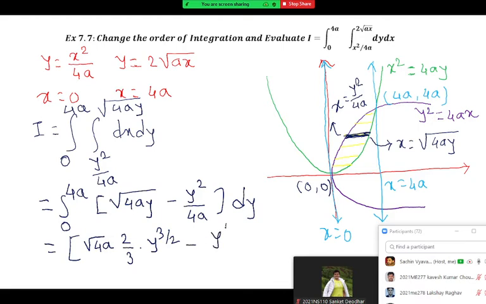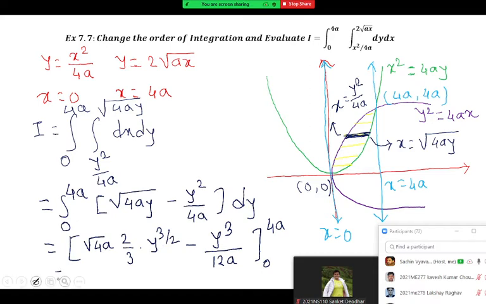Minus, just put the upper limit and lower limit, simplify, and you get the required answer. So actually it is 4a raised to half and 4a raised to 3 by 2. Half plus 3 by 2 is 4 by 2, so it is 4a square only.